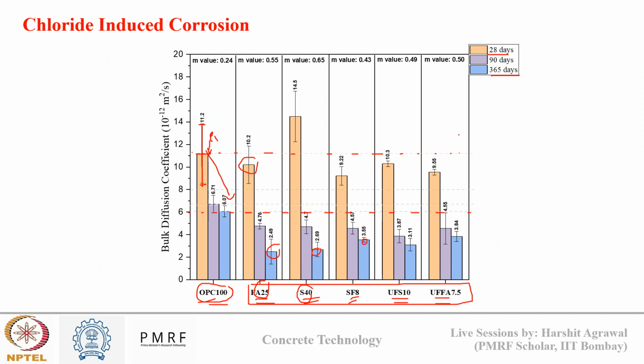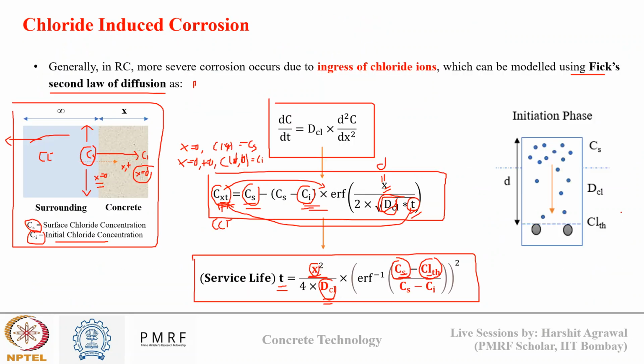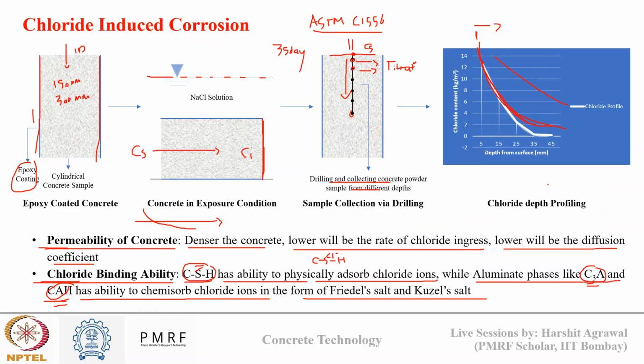That's why there is always a certain standard deviation associated with most of these parameters. Surface chloride concentration, diffusion coefficient value, and critical chloride threshold can also have some standard deviation. Even the cover: suppose I am designing a concrete for a cover depth of 50 mm, it may not be 50 mm every time, it may vary from 45 mm to 55 mm. So every data here has some standard deviation.